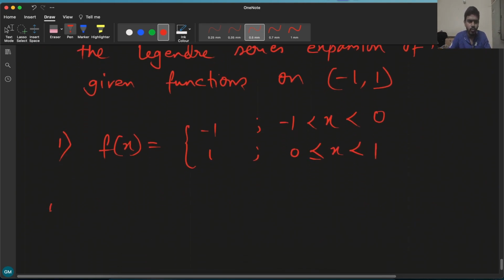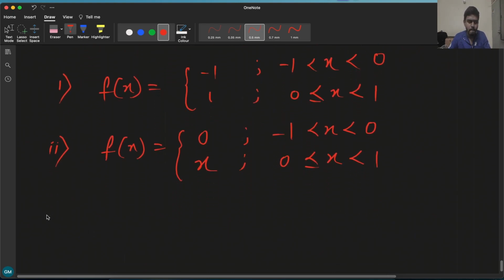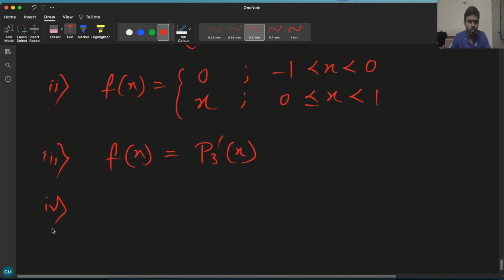Okay, number 2, f(x) equals 0 when -1 less than x less than 0, and x when 0 less than or equal to x less than 1. Number 3, when f(x) is P3'(x).